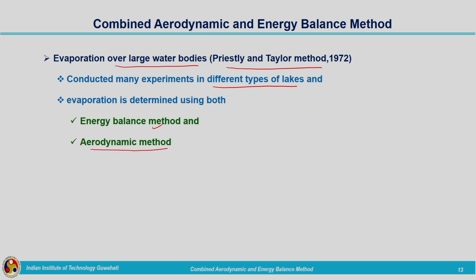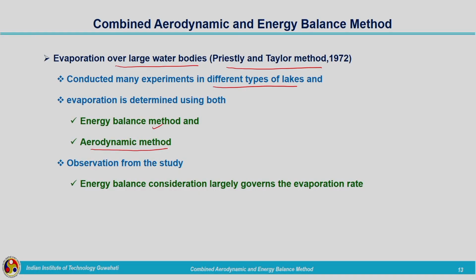They took experimental measurements and calculated the evaporation due to both methods. Then what they found from the study is that the energy balance consideration largely governs the evaporation rate.